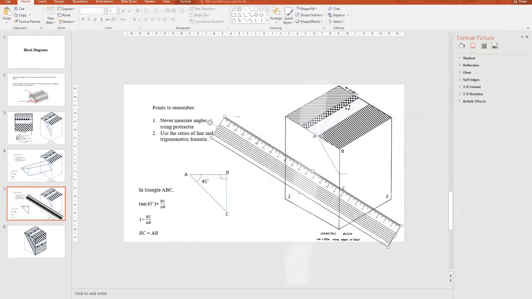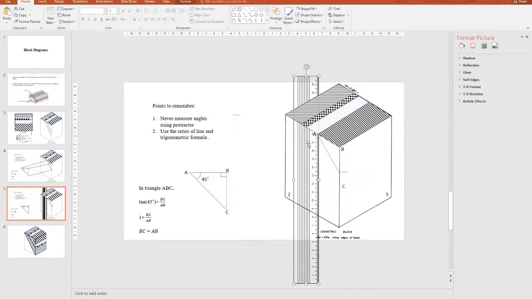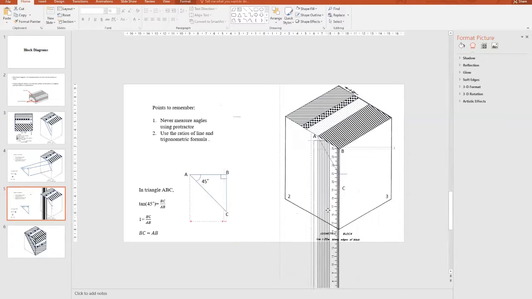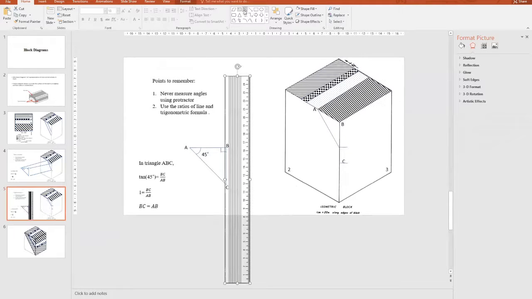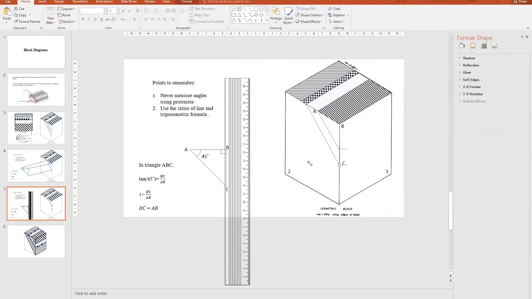So all we need to do is measure 4.8 from here. Similarly, we can join this. So this gives the most accurate representation of the beds on face 2.